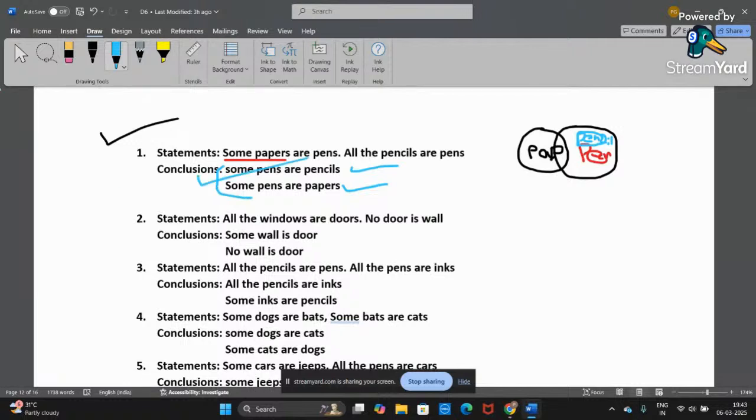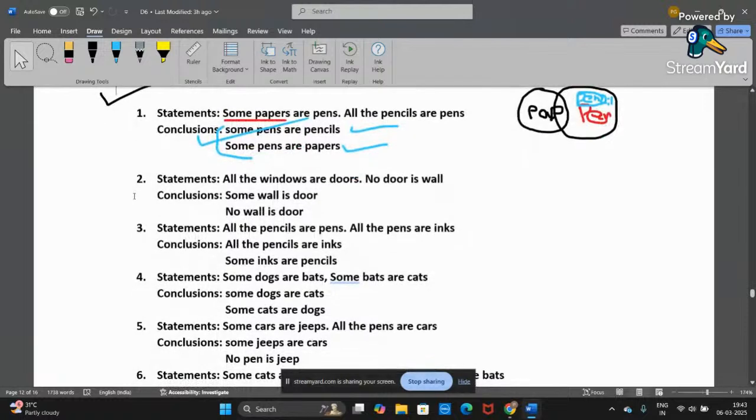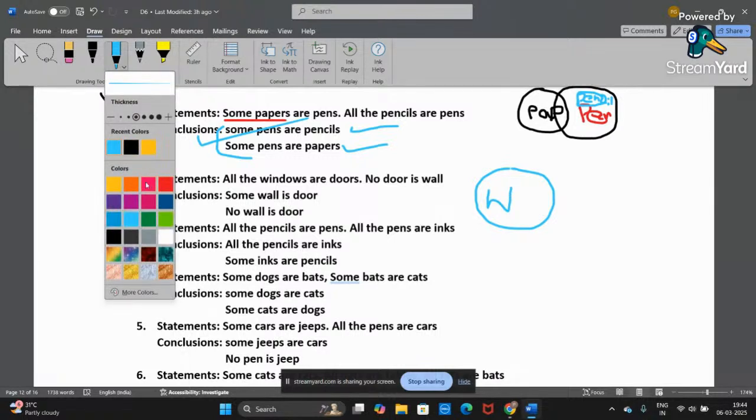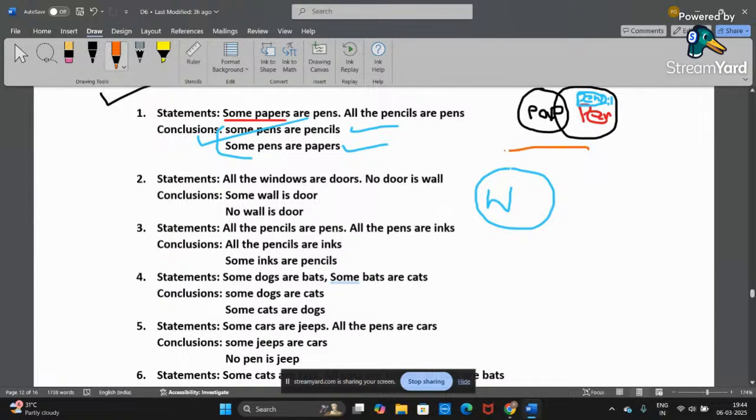So these two conclusions are true. This is how we need to solve this problem. First we need to draw and then analyze. Now let's find the next one. All windows are door. We'll solve a few more problems, then it will be clear. All windows are door. This is how we have to write.